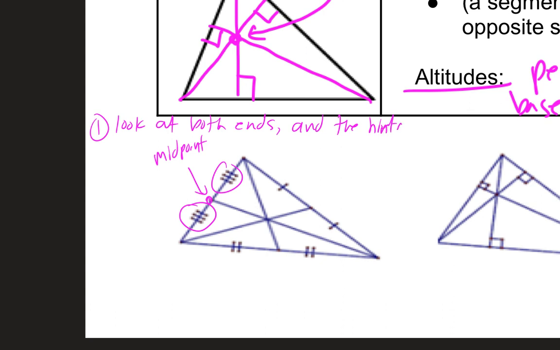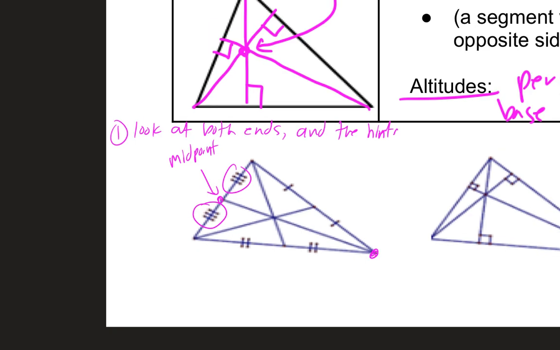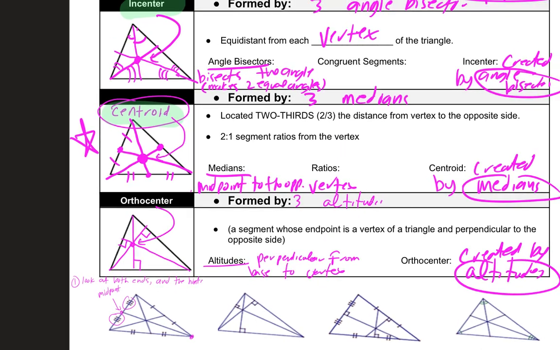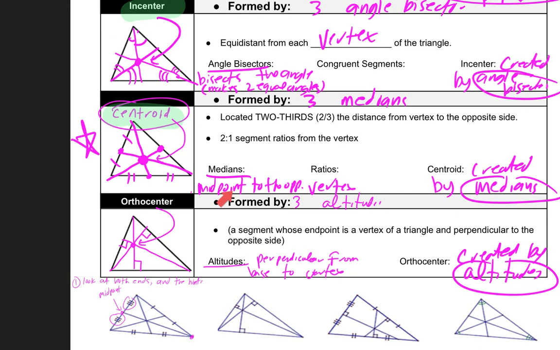That end goes to the vertex. So we need to see which one goes from the midpoint to the vertex. We write right here, midpoint to the vertex is called the centroid. So we're going to call this one the centroid, and that's created by medians. Those are the key words we need to think of. Medians create a centroid.